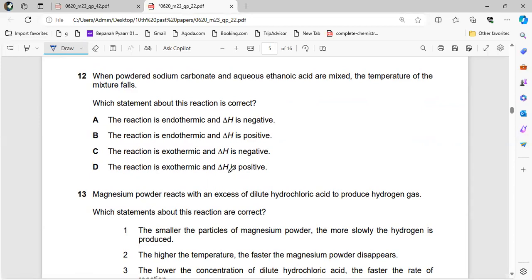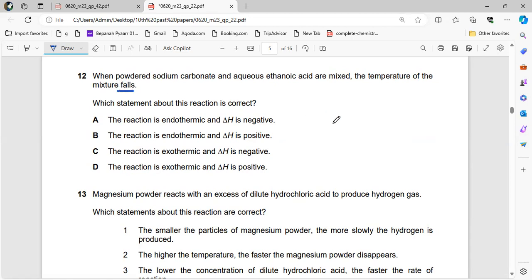When powdered sodium carbonate and aqueous ethanoic acid are mixed, the temperature of the mixture falls. Which statement about this reaction is correct? The reaction is endothermic and delta H is negative. Now, as they have said that the temperature falls, it means the temperature decreases.